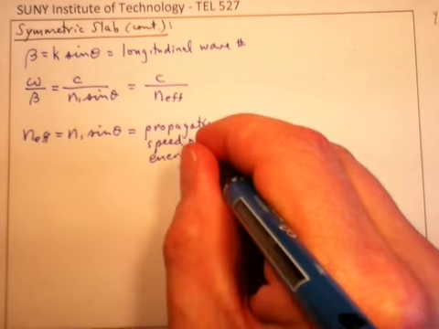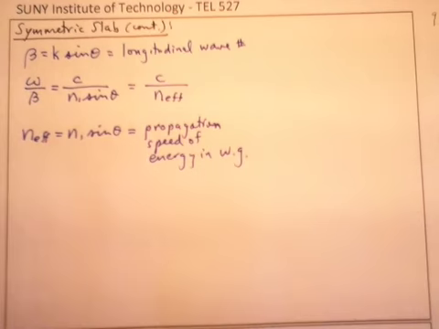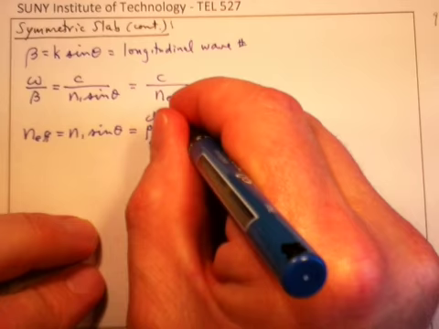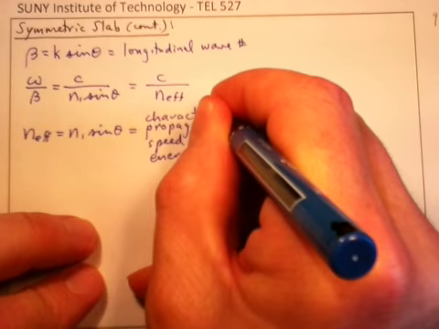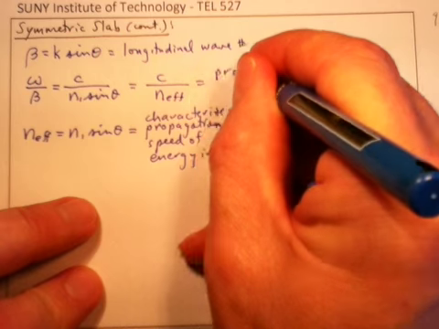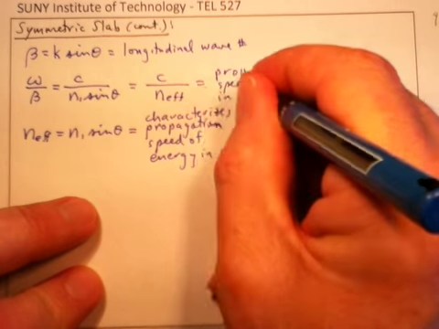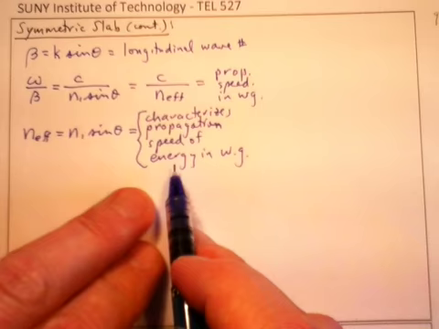Okay? It characterizes it in the same way that the refractive index always characterizes the propagation speed.